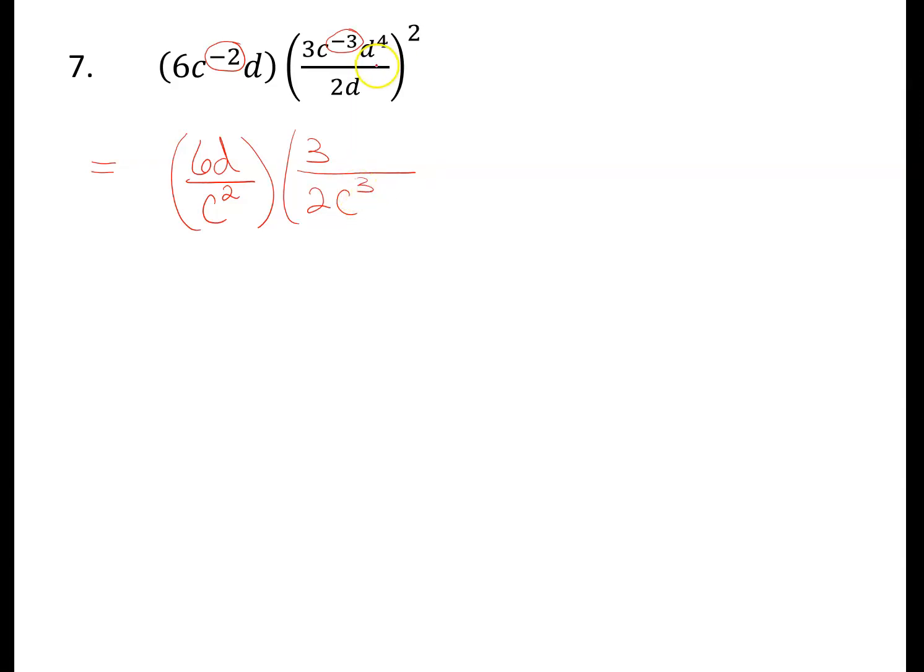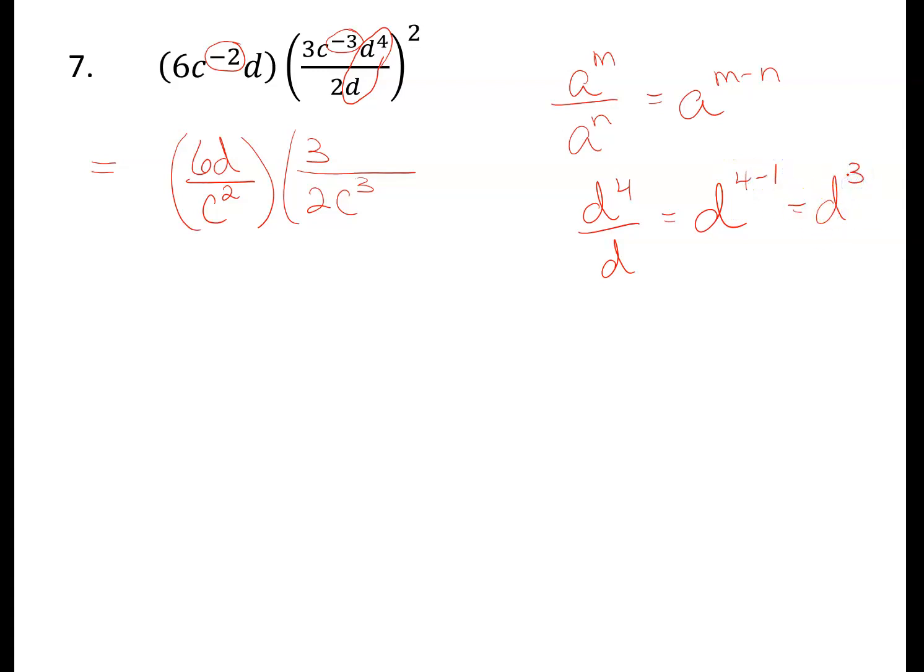Now look at your d's. That would involve our division rule that we learned in the last video. The rule that says a to the m over a to the n is a to the m minus n. So d to the 4th over d is d to the 4 minus 1, which would be d cubed.